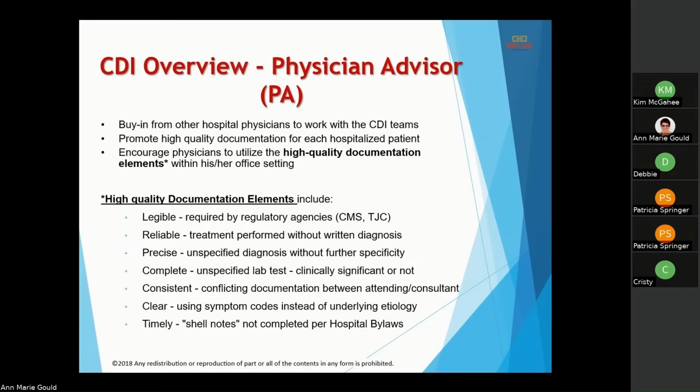And then, of course, the provider is going to get buy-in with the other hospital physicians to work with us, and then promote high quality documentation for each patient, and encourage physicians to utilize the high quality documentation elements, which are listed below within his or her office setting. I think it's really important to note when you're reviewing a record, you want to make sure that you have all these high quality documentations listed in every single note.